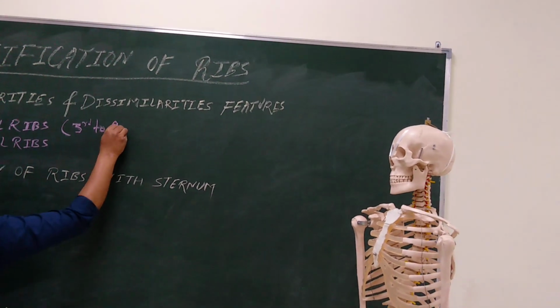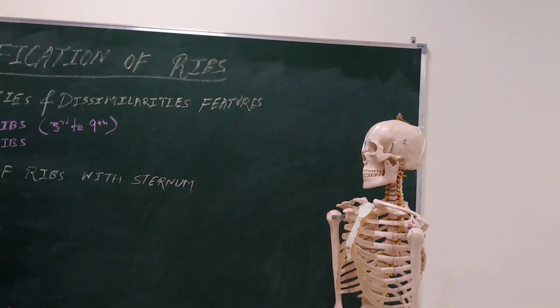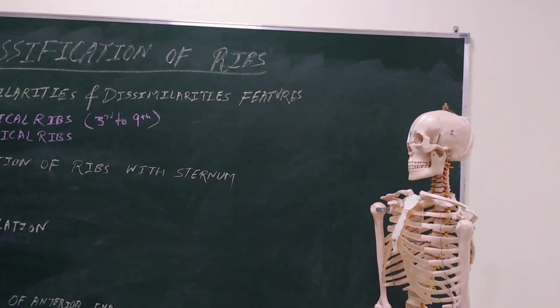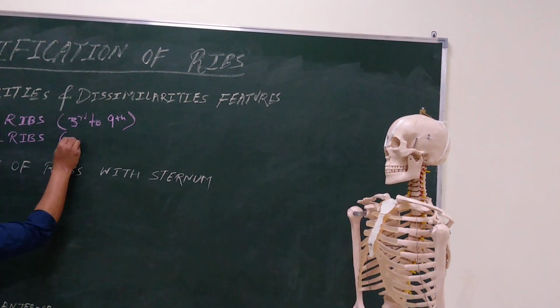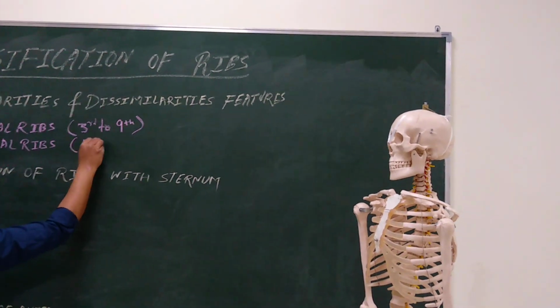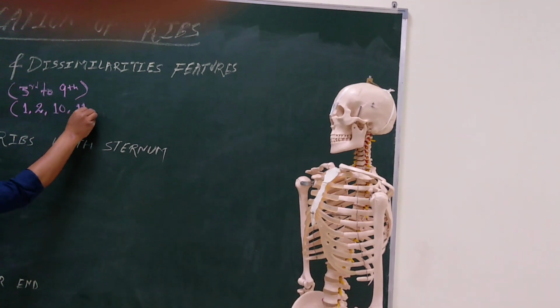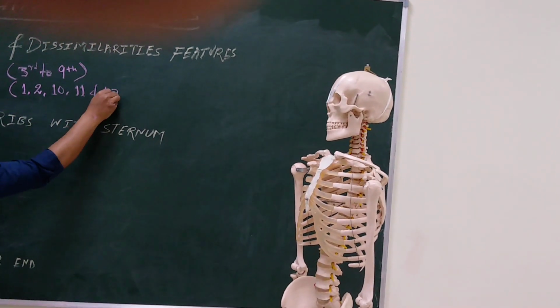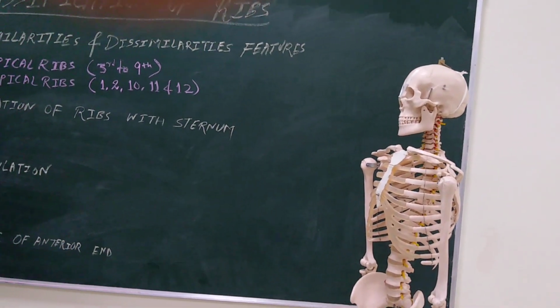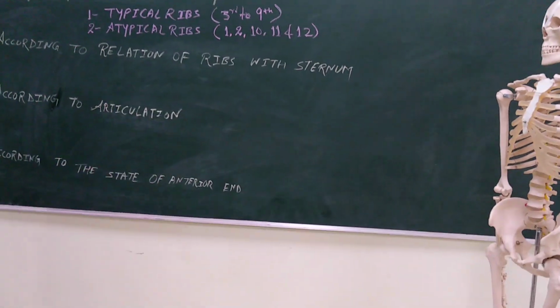Third to ninth ribs are called the typical ribs, and first, second, 10, 11 and 12 ribs are called the atypical ribs.